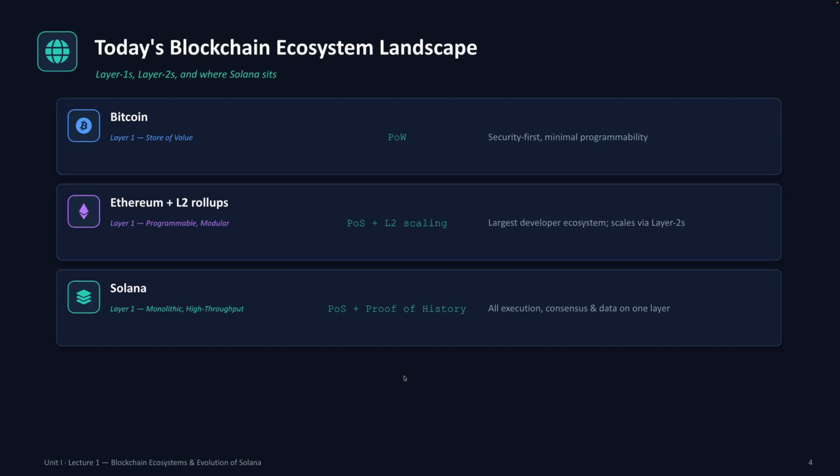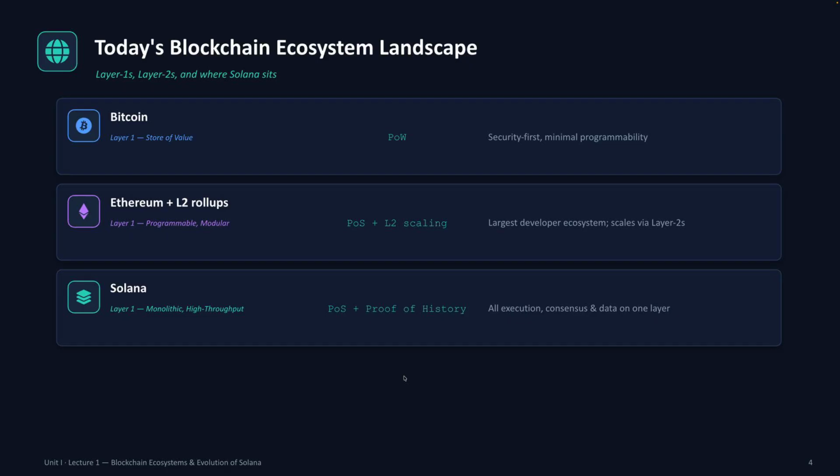Secondly, we have Ethereum plus layer 2 rollups. Ethereum again is a layer 1 blockchain which is programmable because we can write smart contracts and create dApps on top of the Ethereum blockchain. Secondly, Ethereum is modular. When we say modular, as we have looked into the previous slides, the blockchain ecosystem layers comprise consensus, execution, data layer, application layer, and at last tooling layer.